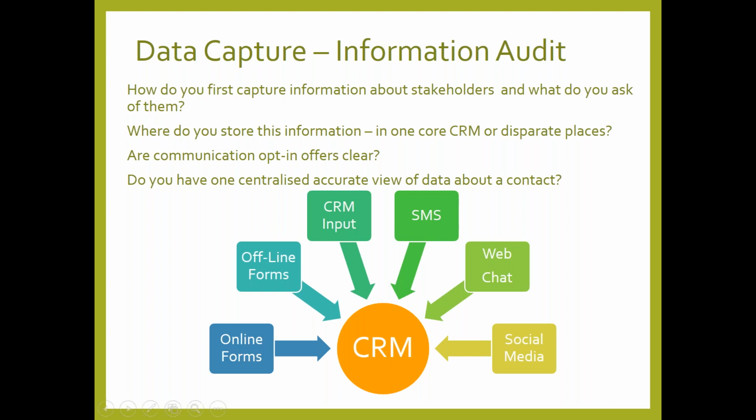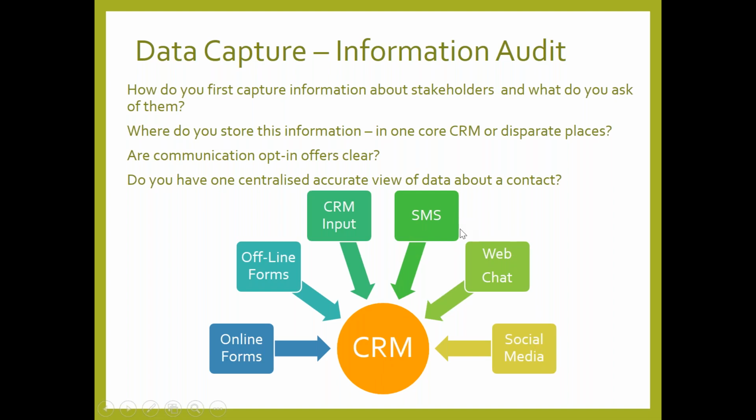And everybody is inputting, so looking at this next box here, every user, every member of staff, every volunteer helps put data into your system. So you've got one CRM system with the true reflection of your data. Similarly, you might capture information about people through SMS, through web chat, or through social media.